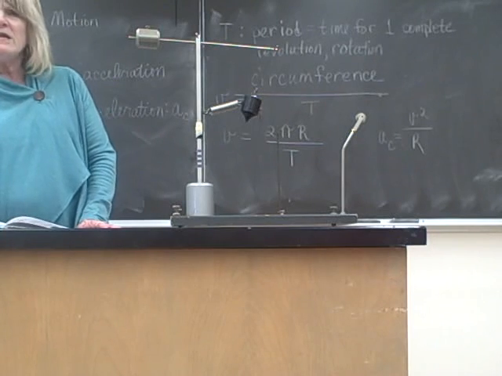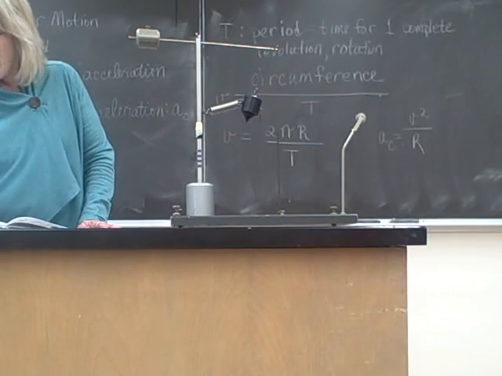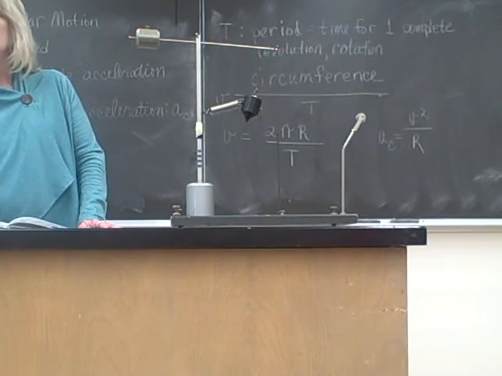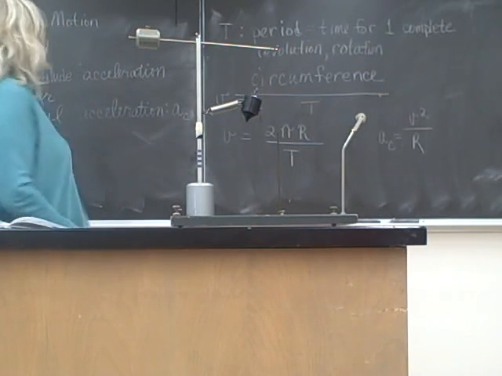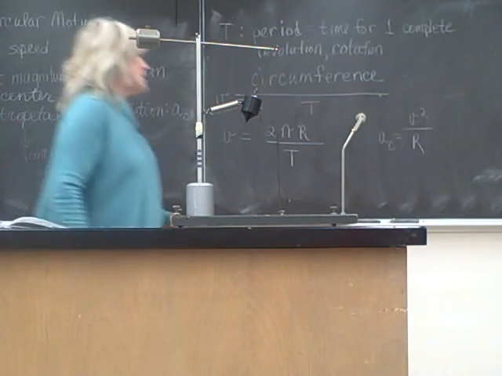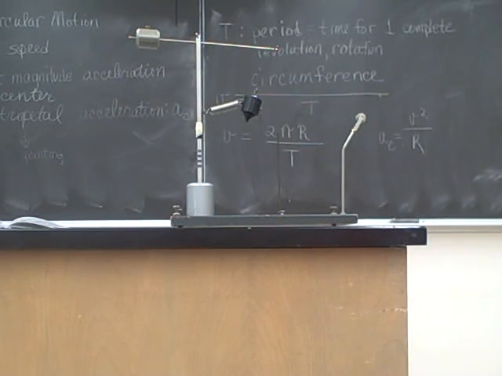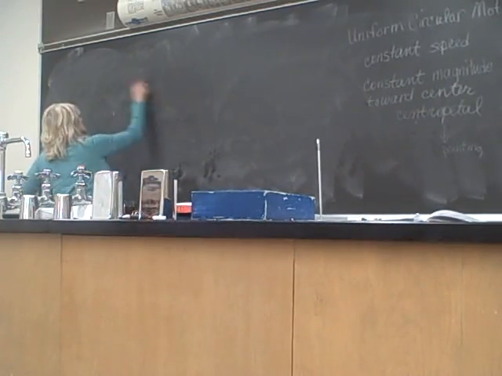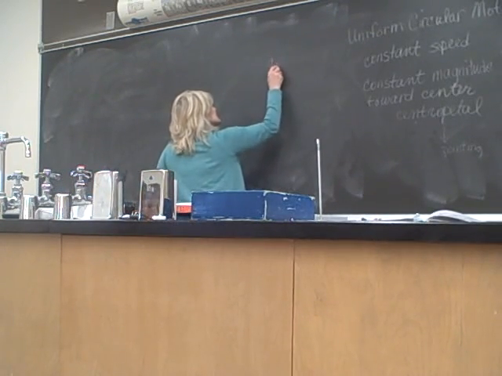Okay, now in your data table, that acceleration is the centripetal acceleration, v squared over r. So maybe I'll come back over here. I'm sort of filling it in backwards here. Okay, so we have A sub c.